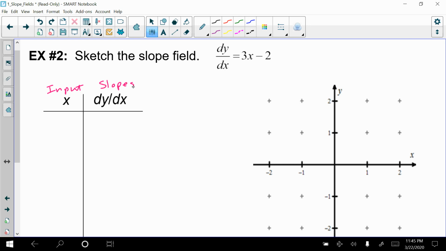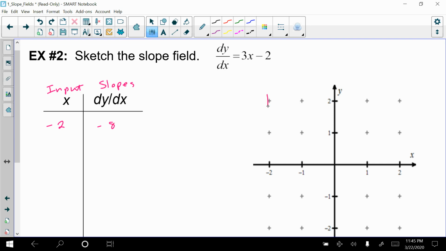Let's take the leftmost value of x that we can have on this example, which would be -2. I'm going to substitute -2 in for x. So 3 times -2 gives me -6, minus 2 gives me -8. So essentially, because I only have the x values to input, anywhere I have a -2 for x, I'm going to have a slope of -8.